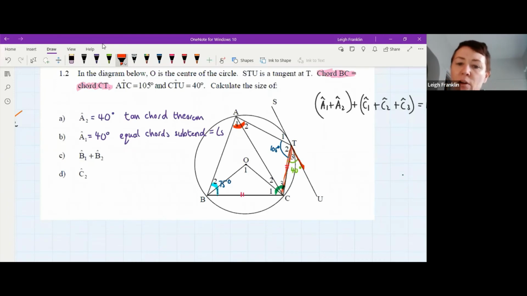The angle between the tangent and the chord subtends the angle in the alternate segment. So let me just get rid of this. If you put your fingers at C and at T and you follow CA and TA to A, you will see that it's going to be angle A2. Okay, can you see that now, Matrix? Is that a little bit better?